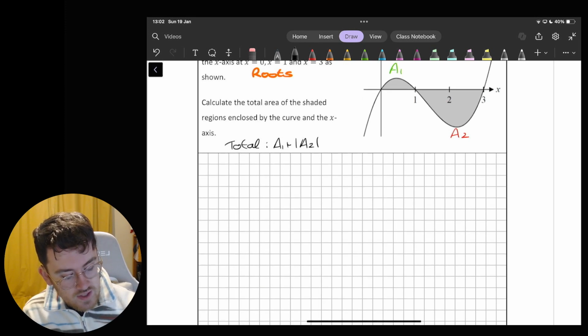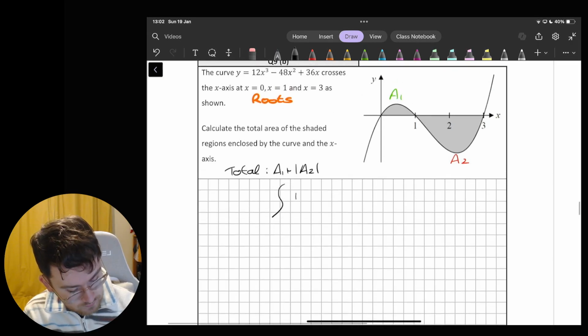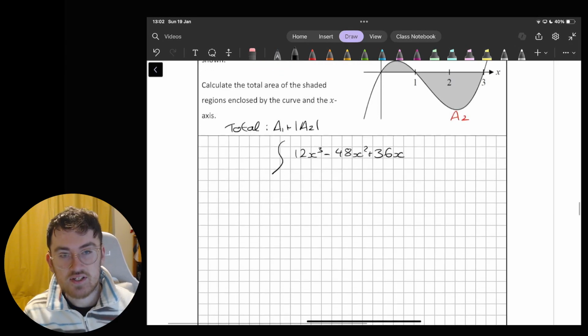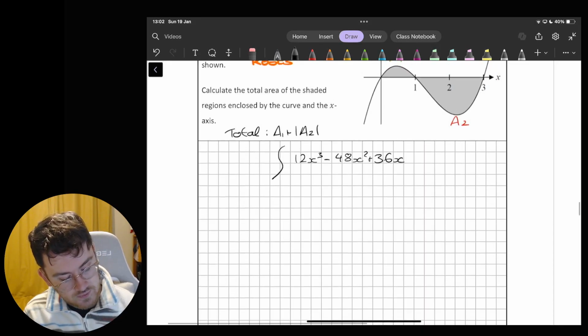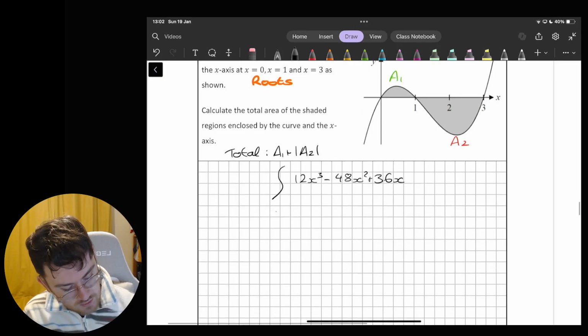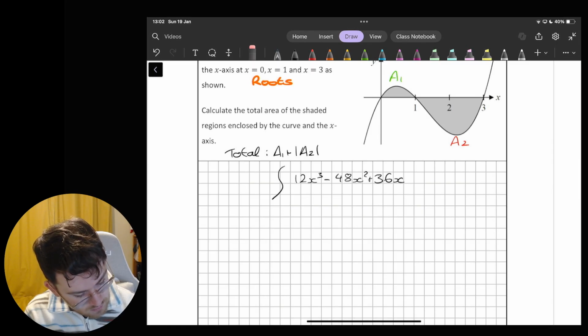Okay, what I'm going to try this time is I'm just going to compute the integral for the function here, and then we will evaluate it at the different regions that we need to. So the overall integral is going to be 12x^4 over 4 minus 48x^3 over 3 plus 36x^2 over 2.